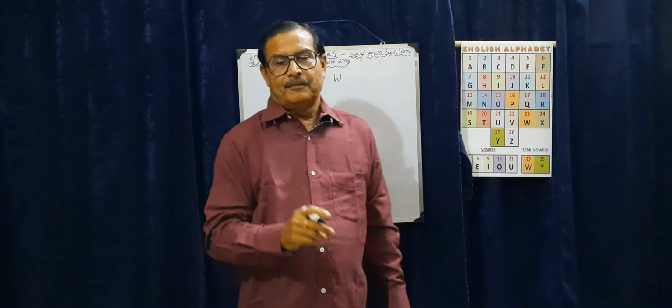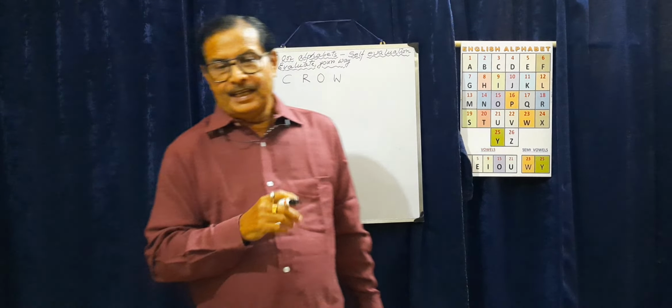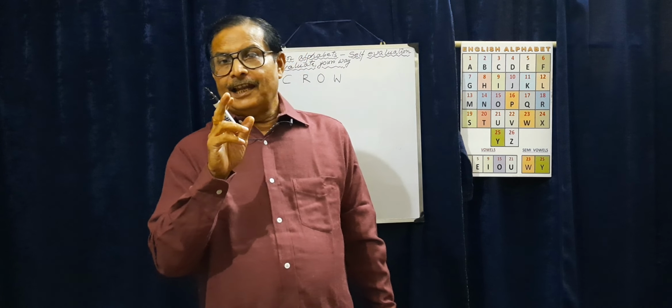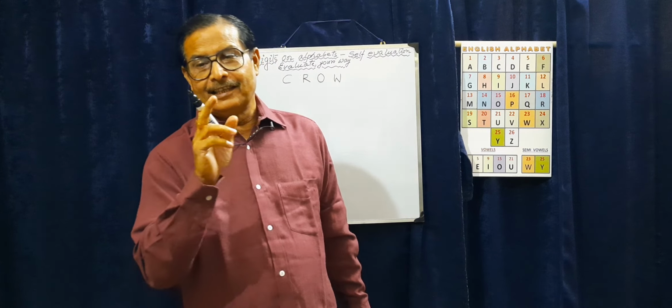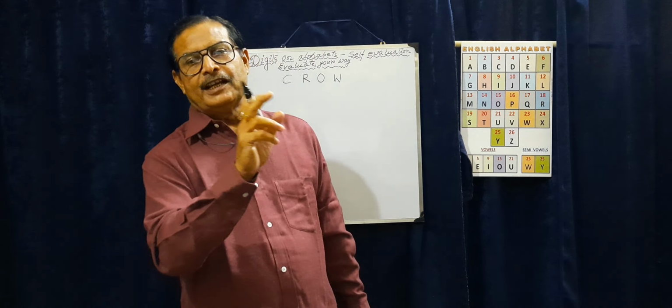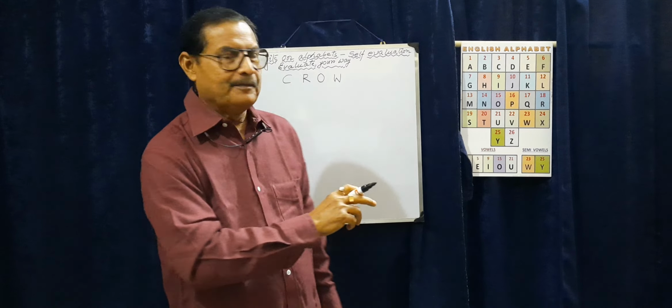Now, my question: if crow is divided by the number of letters in that particular word crow, then what will be the quotient and remainder?